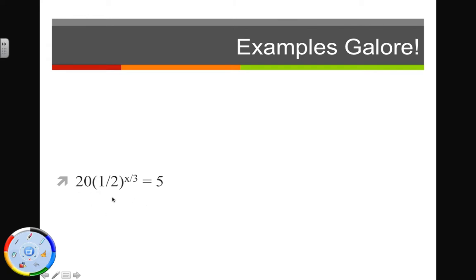And I want to know when this function equals 5. Now, graphically, we would graph this one as y1, the first equation, and the second equation as y2, and we'd find their intersection. But I don't really want to do that. What I'm going to do is divide both sides by 20 to get an easier statement here.